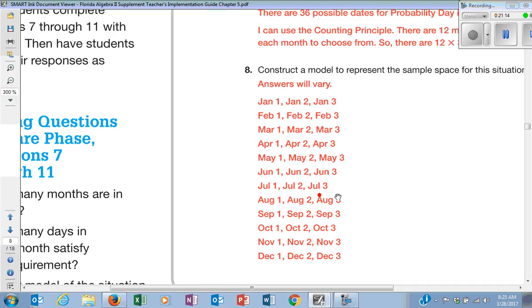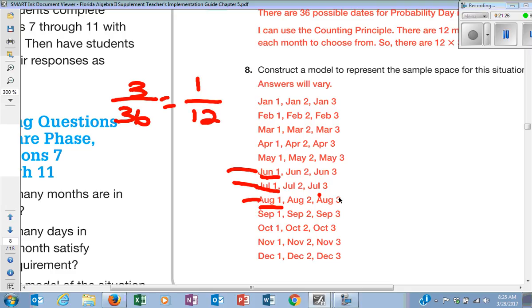How many of those are there? 1, 2, 3. This guy, and this guy. Out of how many days total? Which reduces down to? With me. How do I calculate?